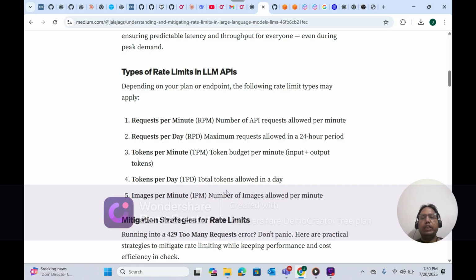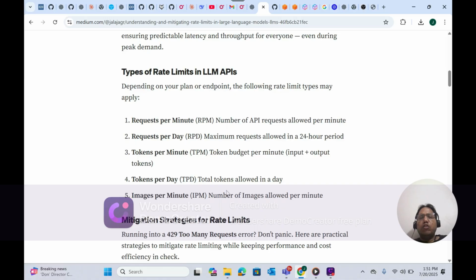These two are for requests. The third type is tokens. In an LLM, we know that everything is calculated on the basis of tokens. So they calculate the tokens and apply the rate limit per minute as well as per day. Recently they have also introduced images, so they also calculate the number of images that can be processed in a minute.